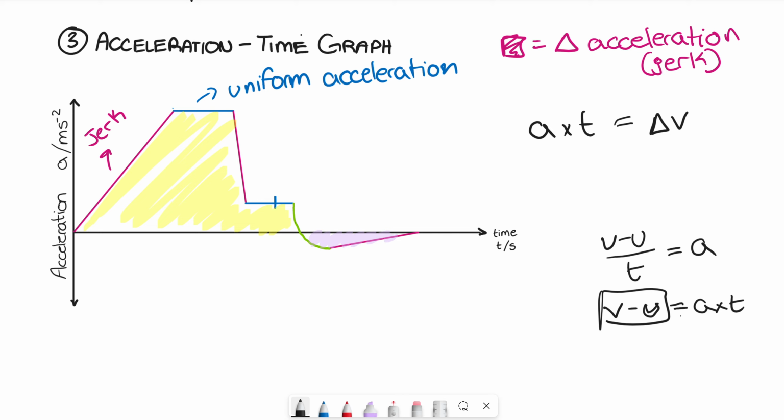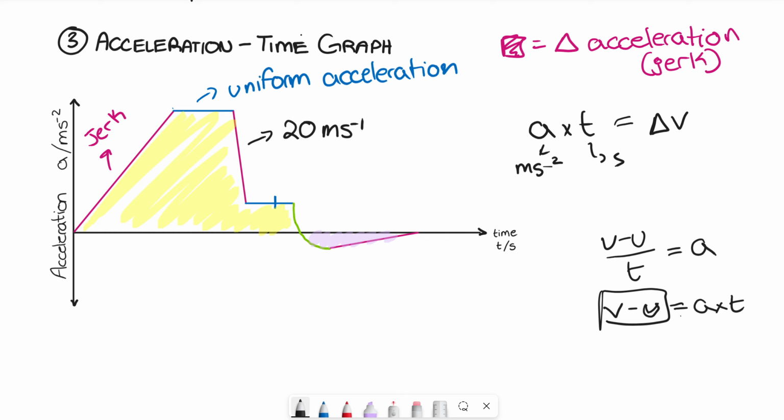So it's the change in velocity. Say my area under this yellow part of the graph is 20 meters per second. And why would we get meters per second? Because our time is in seconds and our acceleration is in meters per second squared. So one of those seconds is going to cancel out to give us just meters per second.